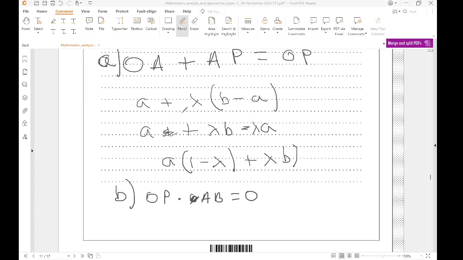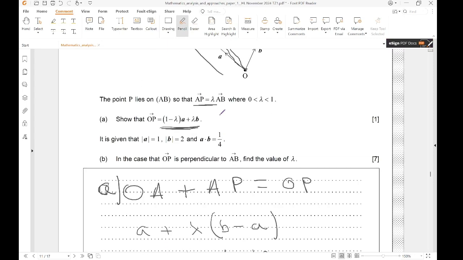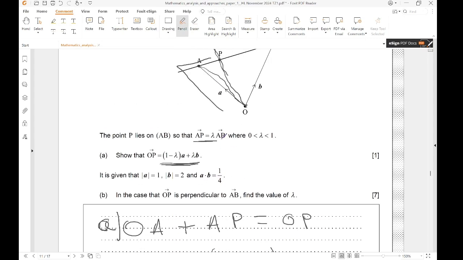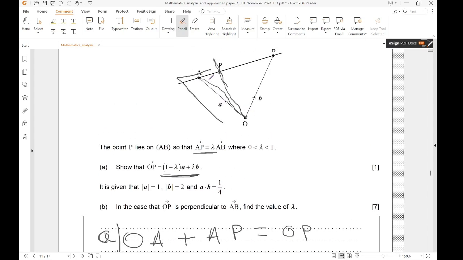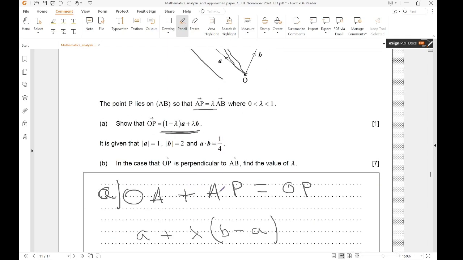So OP dotted with AB is equal to 0, and a dot b is equal to 1/4. So this vector dotted with this vector is equal to 1/4. There are multiple methods that you can do this with, but I'm going to do it in a certain way, and hopefully you're able to understand that.